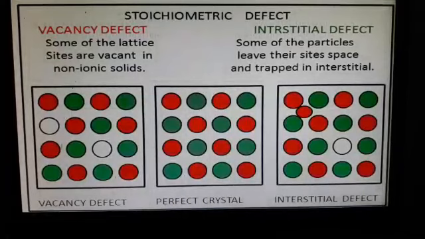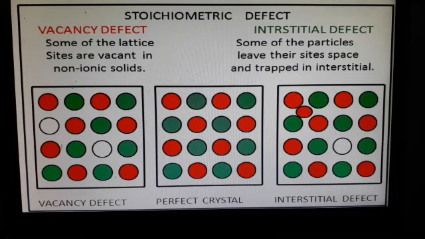First is stoichiometric defect. Stoichiometric means the ratio of the atoms, or we can say the molecular formula, is the same. So the defects in which the stoichiometry is maintained are known as stoichiometric defects.